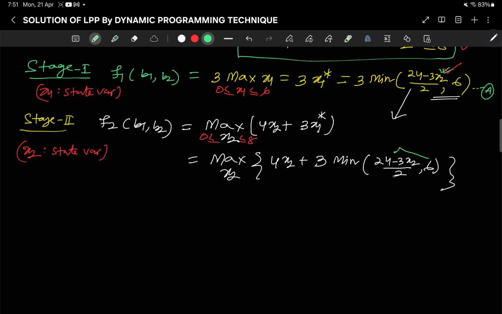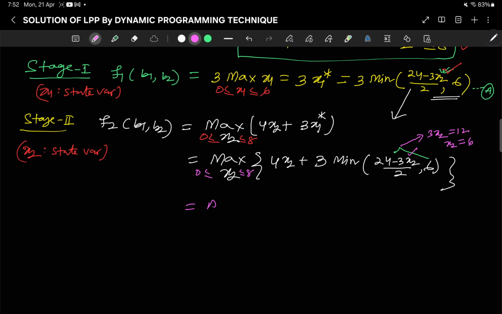If we simplify it, 3x2 is equal to 24 minus 12, so 3x2 is equal to 12, and my x2 is equal to 6. From 0 to 8, we have an intermediate value.